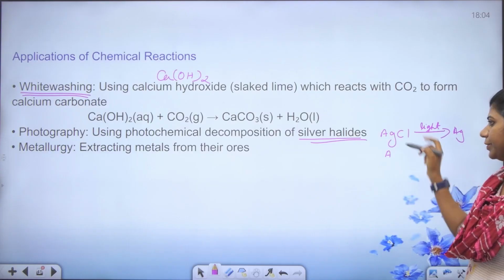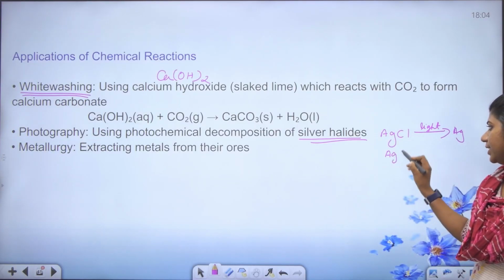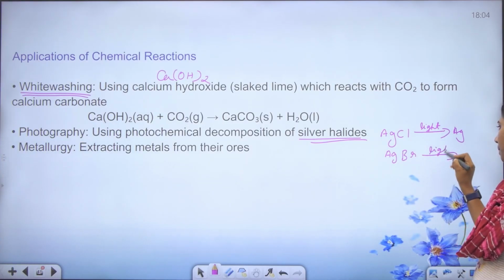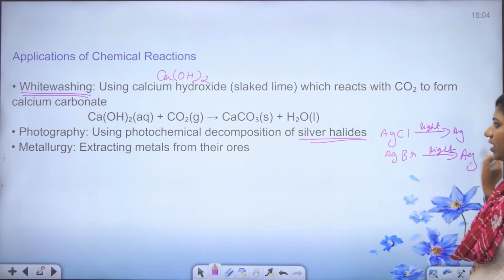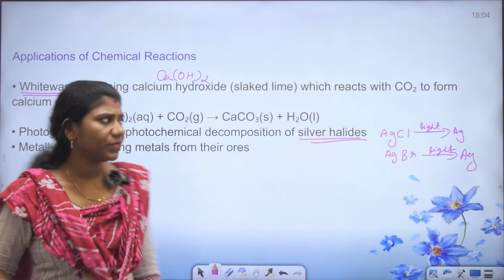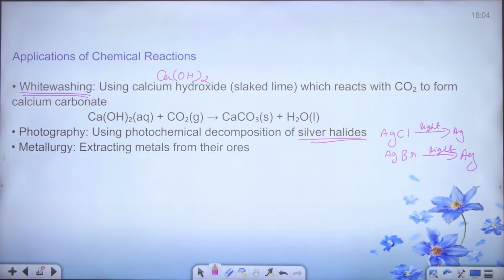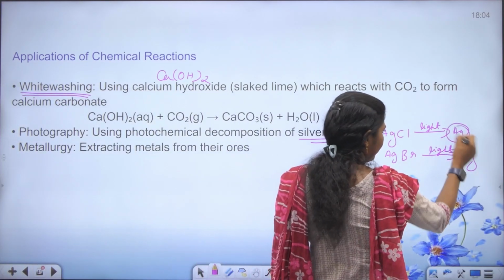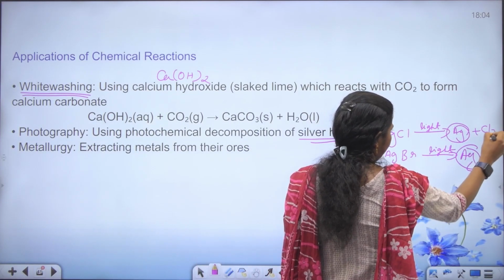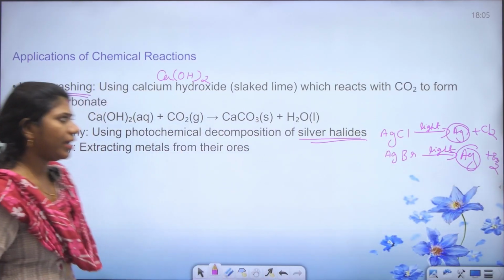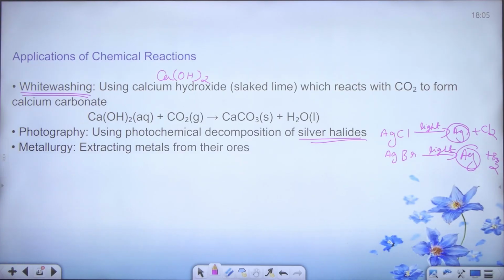Here silver is precipitated. This application is used in photography.